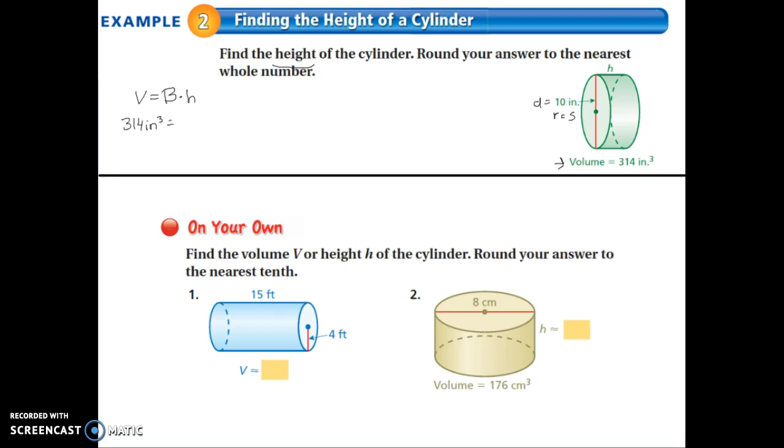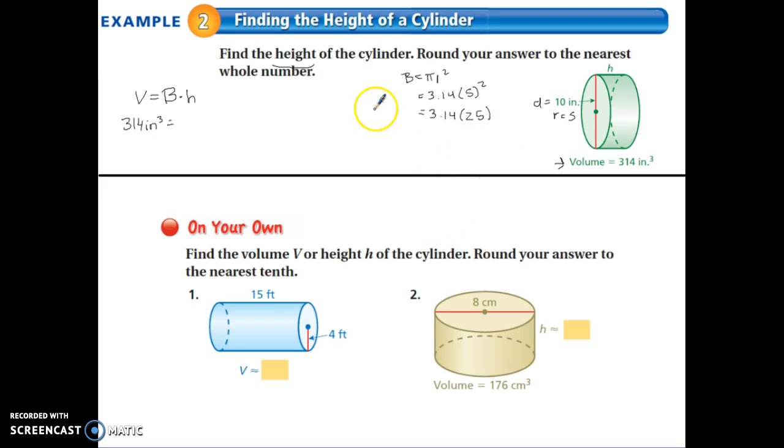And now knowing that my radius is 5, I can find the area of that circle. Capital B is equal to pi times r squared. Pi is 3.14, and r is 5, so r squared is 5 squared. This is going to be 3.14 times 25, making sure we do those exponents first.